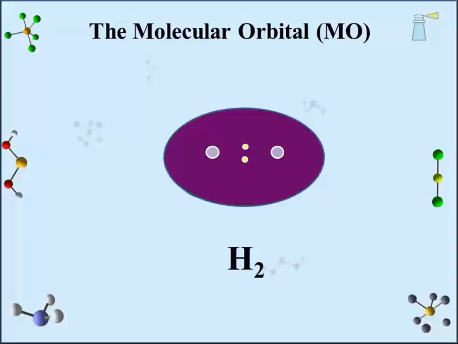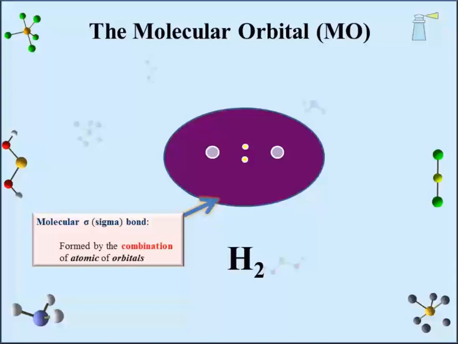The new mixed orbital is called a molecular orbital, and the atoms form a molecular sigma bond. In contrast to the orbital overlap we are used to seeing in covalent bonding, the molecular sigma bond is formed by the combination of atomic orbitals. Paired electrons range about the whole of the molecular orbital.